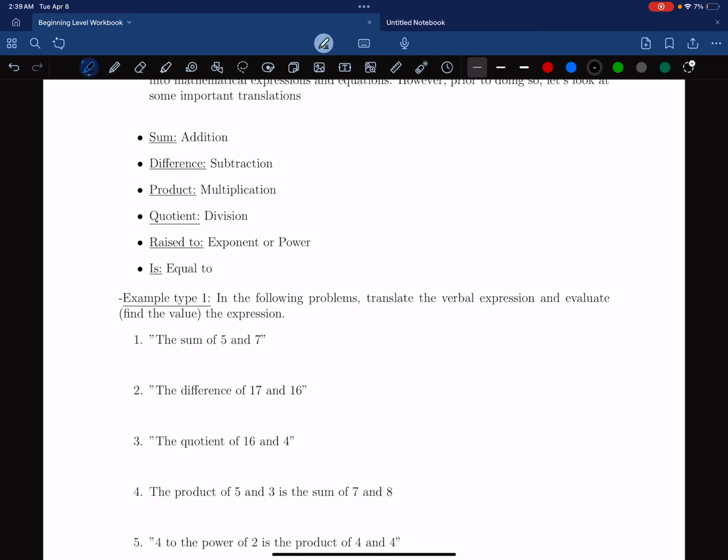So I'm going to put this plus up here. And then we have the numbers 5 and 7. So we're going to do 5 and then add 7. This is the translation.